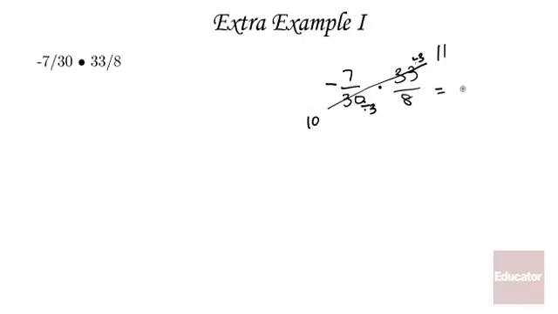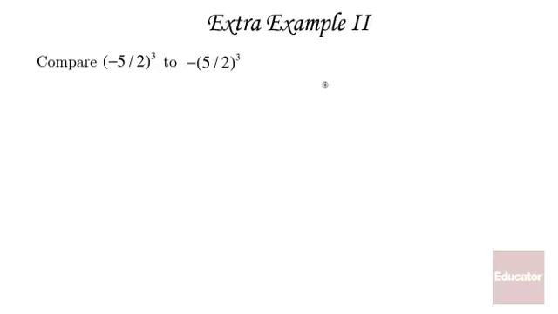And negative times a positive is negative, and 7 times 11 is 77, and 10 times 8 is 80. So now I can see that since I pre-simplified during the problem, cross-simplifying, my last step does not need to be simplified. And in fact, I got to work with smaller numbers, such as 7 times 11 rather than 7 times 33.